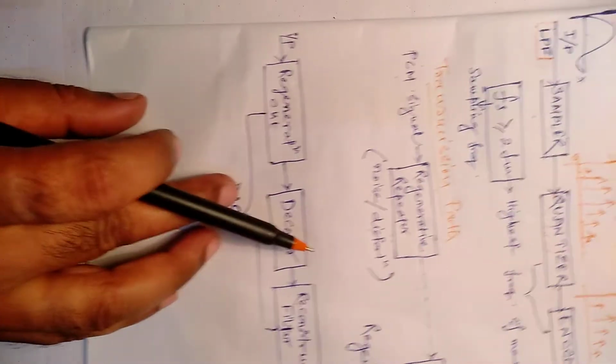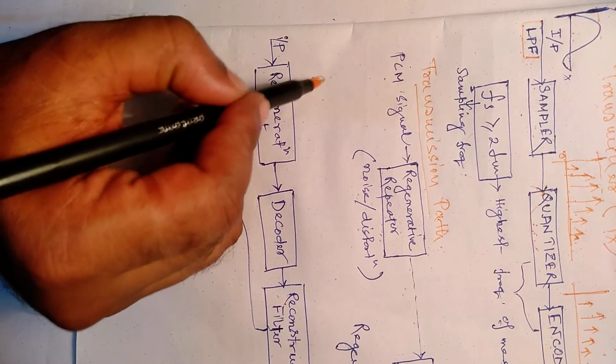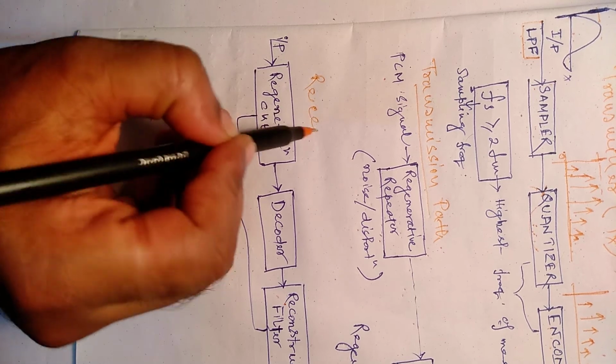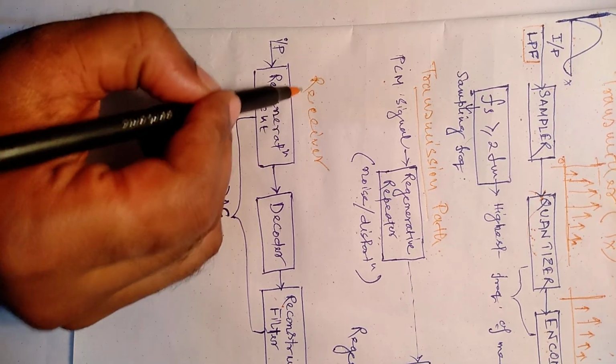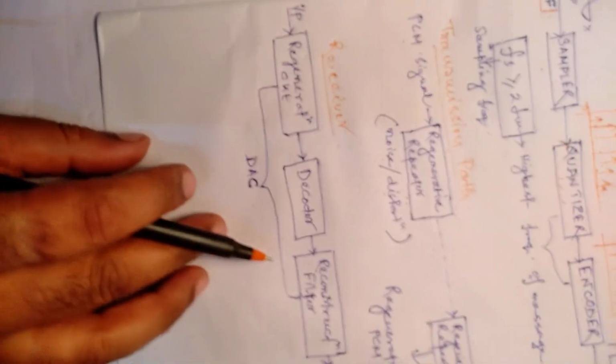Then we move on to our receiver part. This is my receiver portion. In this receiver part, what will happen?